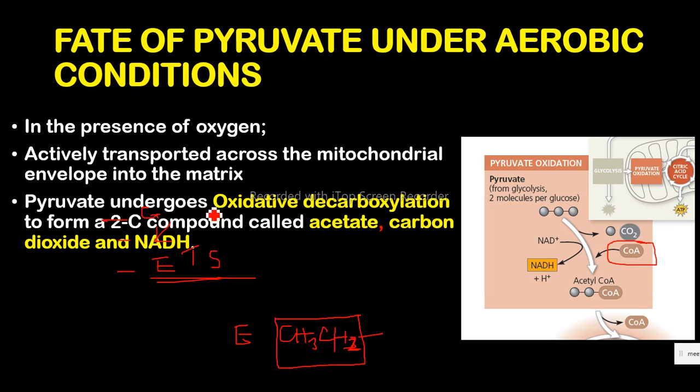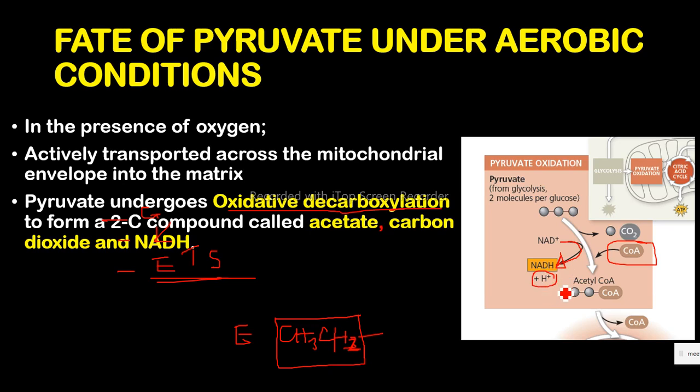So pyruvic acid, which is a 3-carbon compound, undergoes what we call oxidative decarboxylation. Why is it oxidative? Because you are removing hydrogen from pyruvic acid.